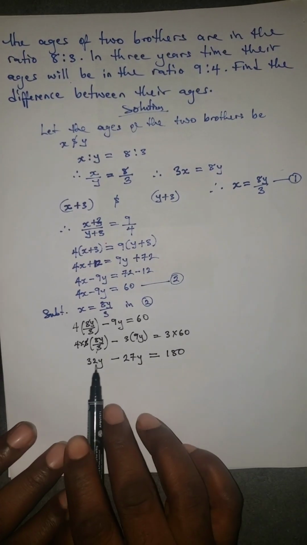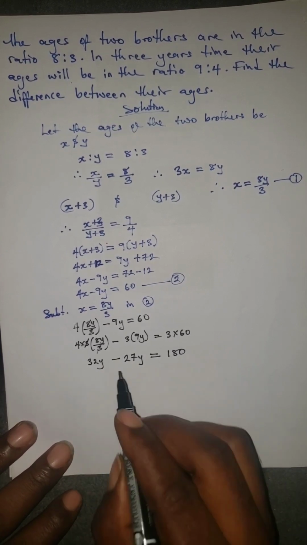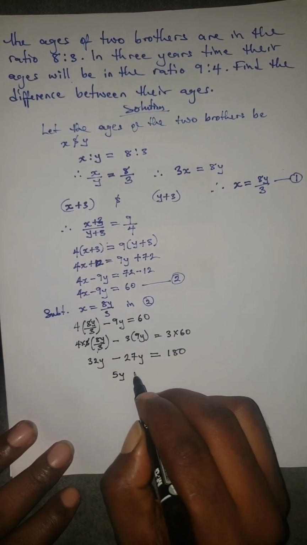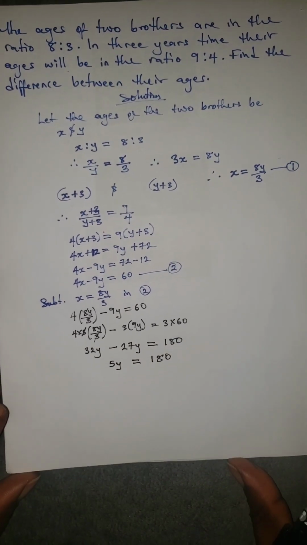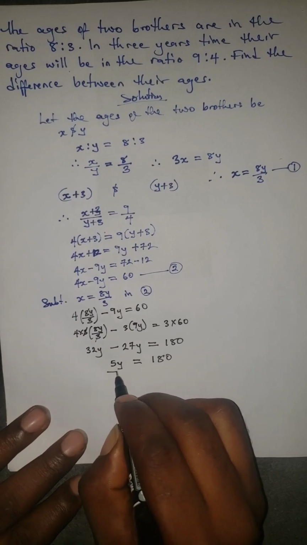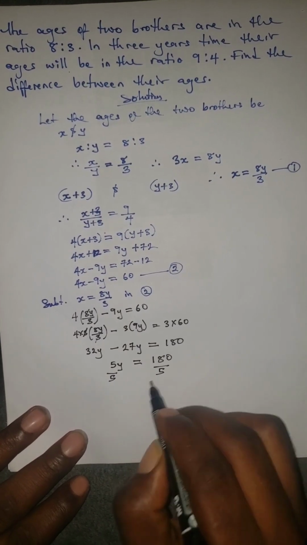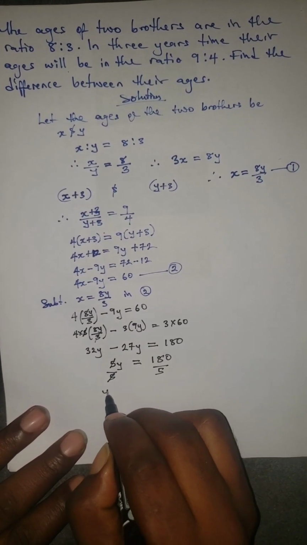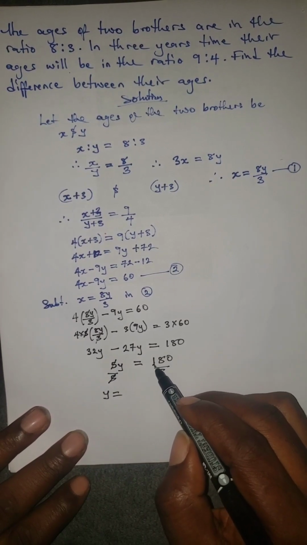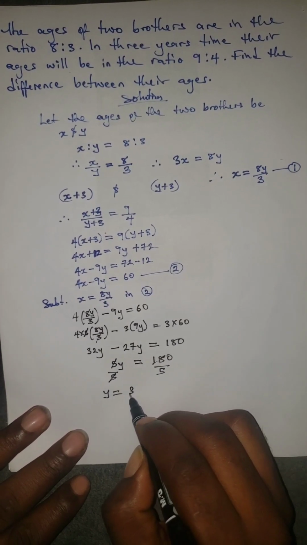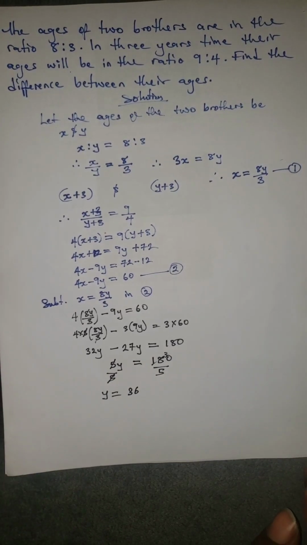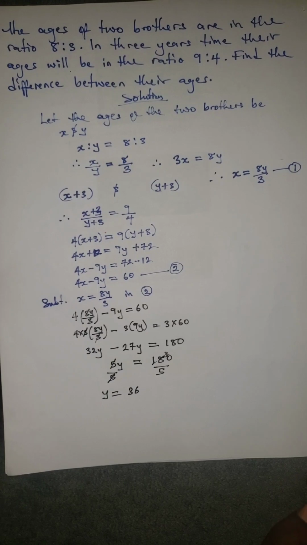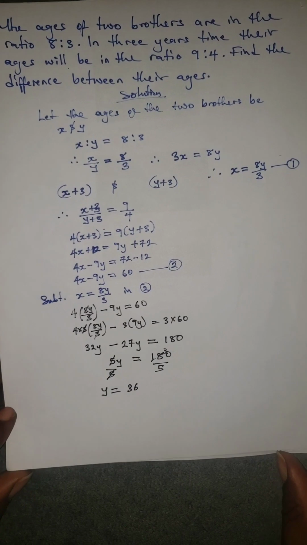So when you subtract this, we are going to have 5y equal to 180. So with that now, we can divide both sides by 5. 5 will cancel out 5 here. I have y equals 5 in 18, that will give us 3 remainder 3. 5 in 30, that will give us 6. So we have our y as 36.